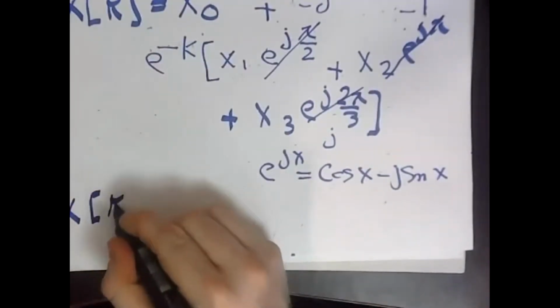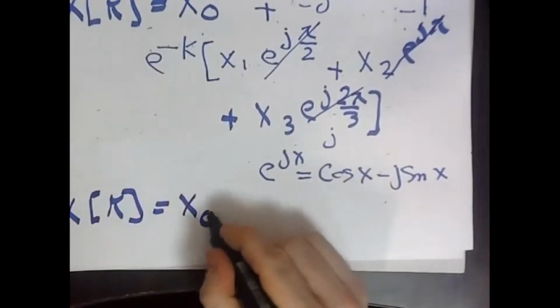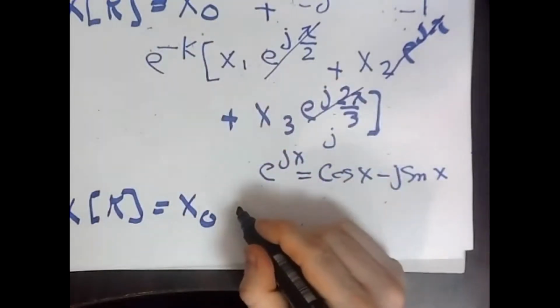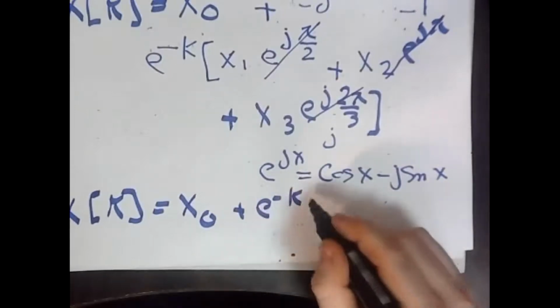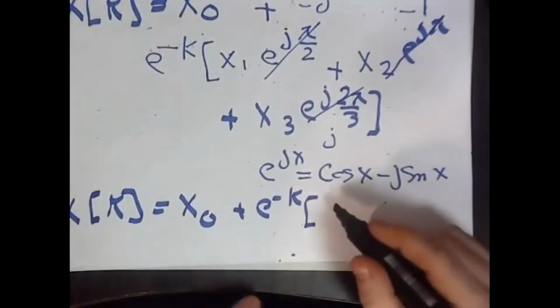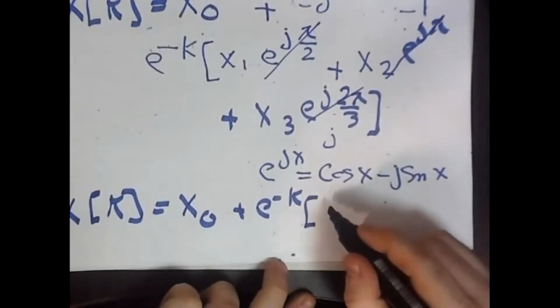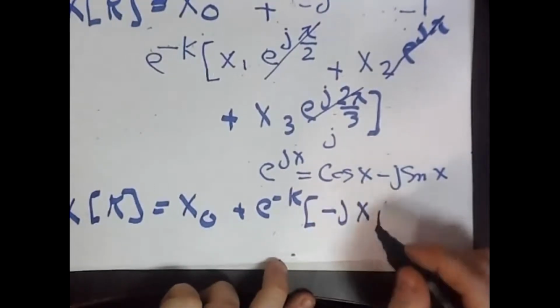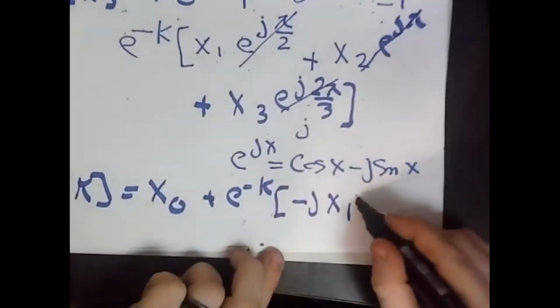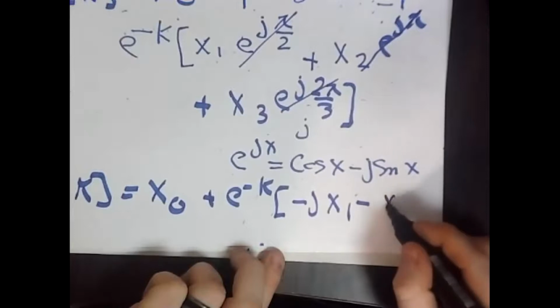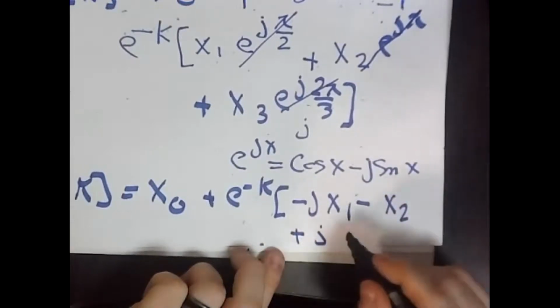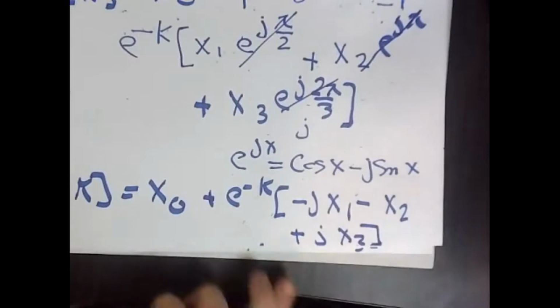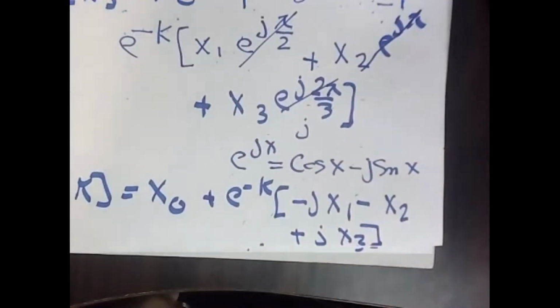X of k equals x of 0 plus e power minus k pi, j x1, it's minus j, yeah, x1 minus x2 plus j x3. Again, you can do more and more simplification.